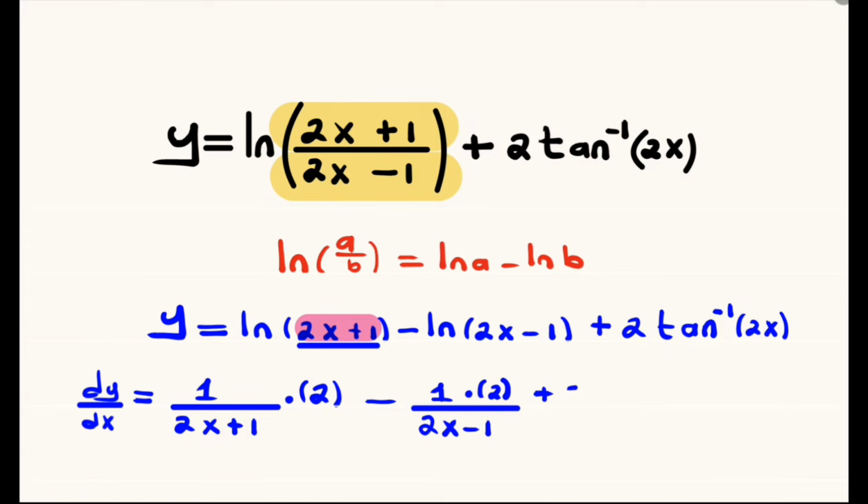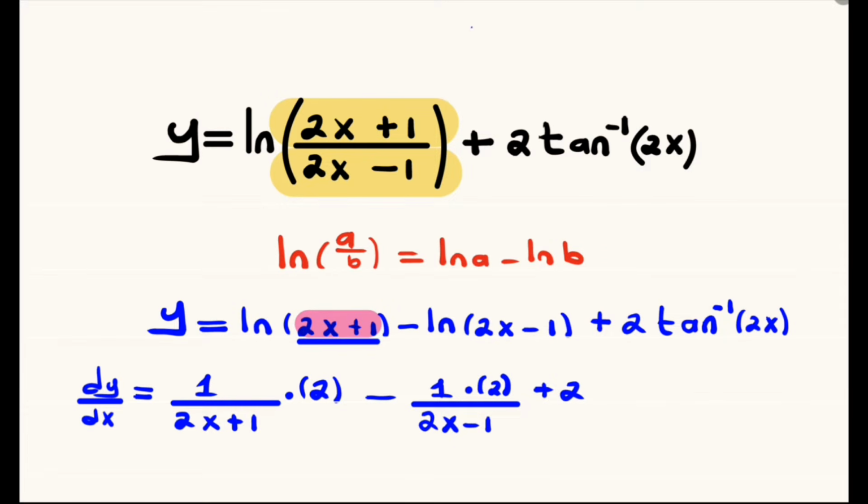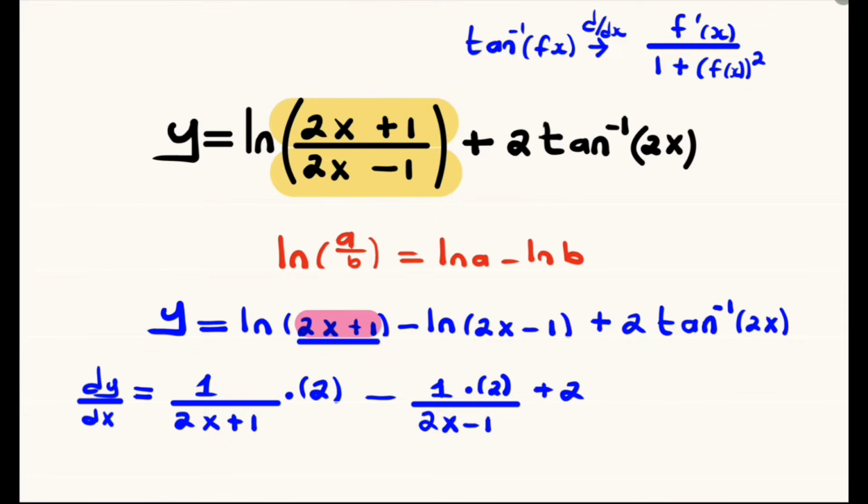Plus 2 multiplied by the derivative of the arctan of 2x, which I demonstrate at the top right. If we have the arctan of f of x, its derivative will be equal to, in the denominator, 1 plus the f of x squared, and in the numerator the derivative of f of x.